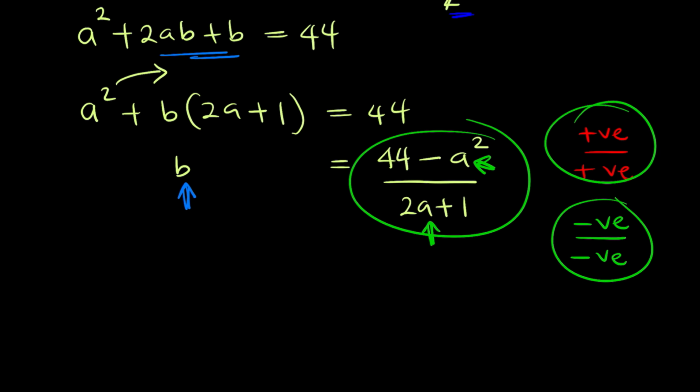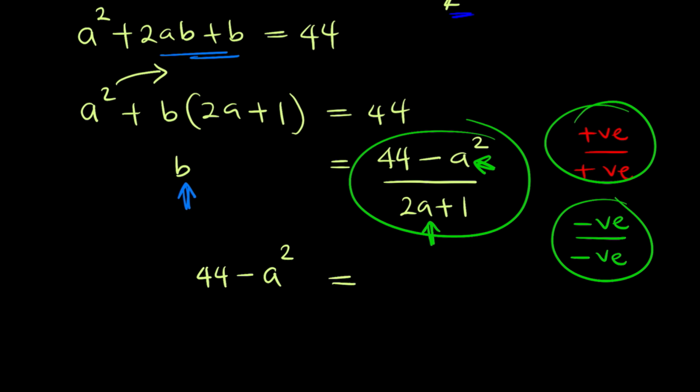So starting with the first expression, that's the expression at the numerator, we have 44 minus a squared. What values can we put for a? What integer values can a attain to make this expression positive?